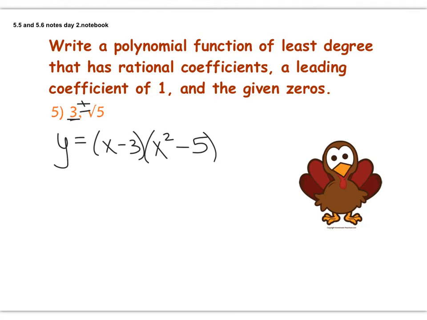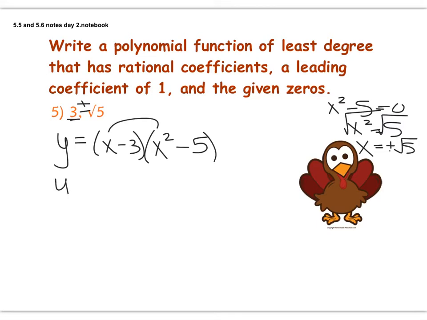Anytime you're not sure if you set it up right, do a little note off to the side. Solve it. So I'd add 5, take the square root, so x equals plus or minus radical 5. And you're like, oh yeah, that's exactly what I wanted. So if you're not sure, do a little note off to the side, solve it, and be like, okay, that's actually what I wanted. All right, and then we just distribute.